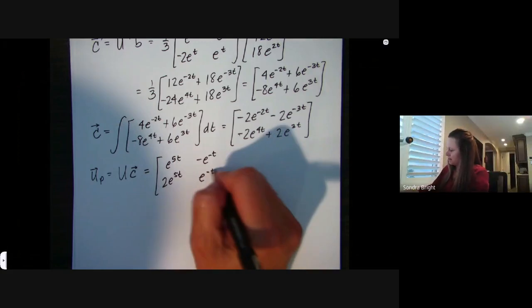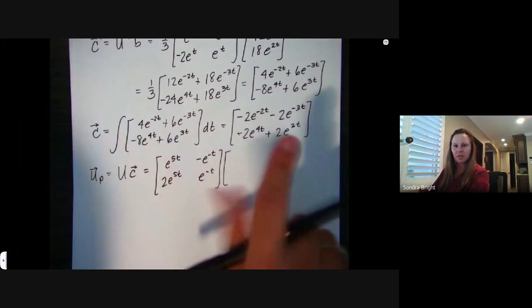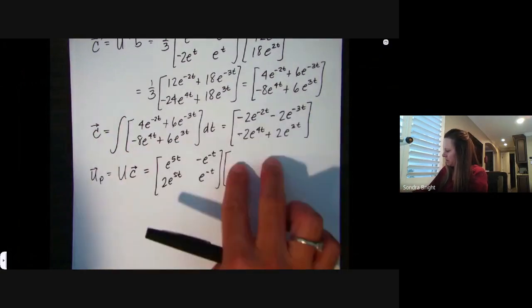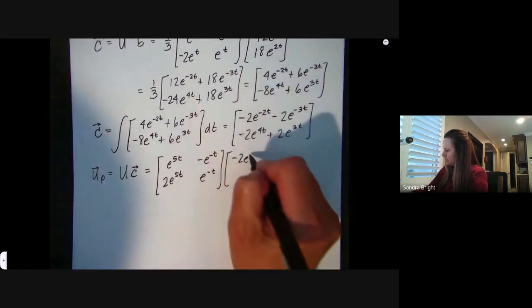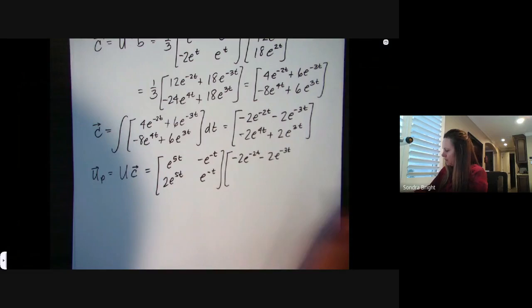Keep in mind, this is a 2-row by 1 column. It's not a 2 by 2. It's only 2 rows, 1 column. So watch out with that. I've noticed that sometimes when I'm grading your test, you'll see this and then you'll go, oh, those are 4 different elements. No, it's 2 elements. Here's one, and then here's another one.